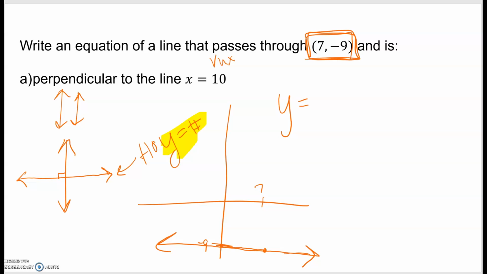This has to touch the y-axis at this value right here, which is -9. So y = -9 is my equation. You can also find this value just like we found the x yesterday. We find the y today from that -9 from the point.